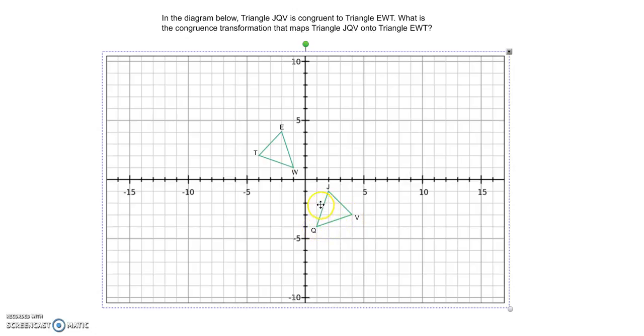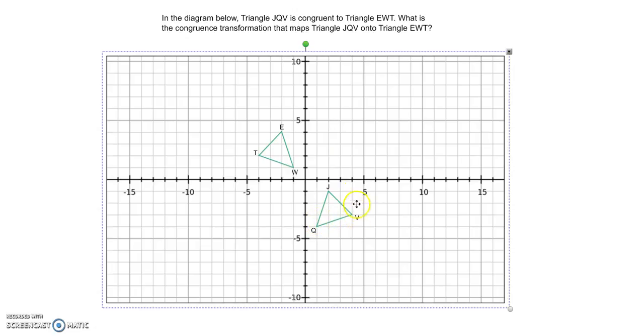What would be maybe our first step at getting point Q on top of the location of where point W is? Now that's not a perfect method because most of you guys might say, well, we can just literally translate it 2 units to the left and 6 units or 5 units in the positive y direction. But that obviously would not work, right?